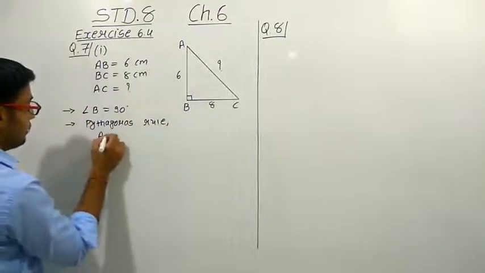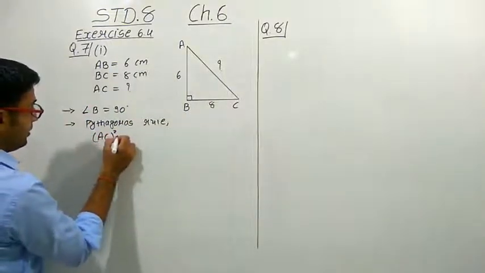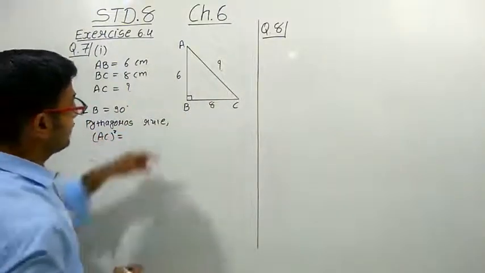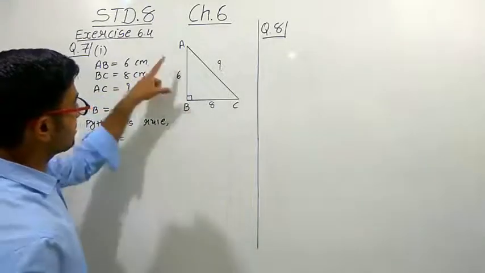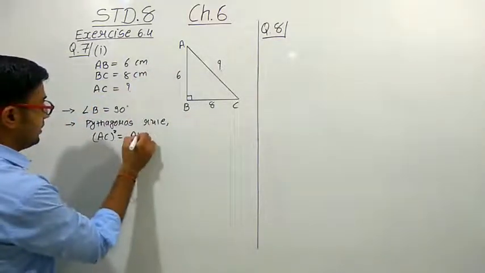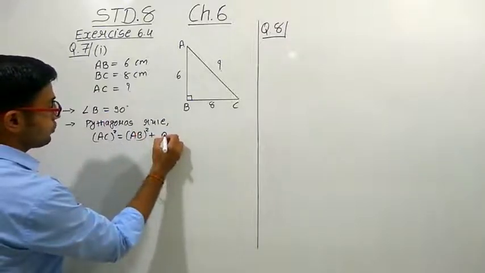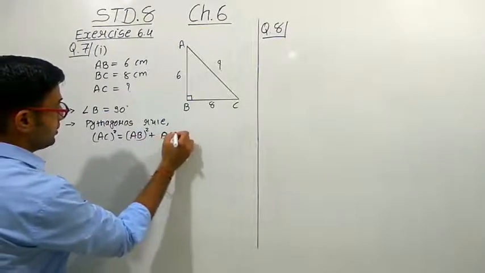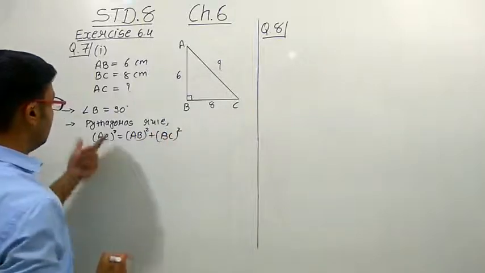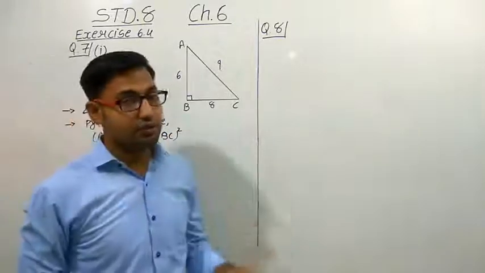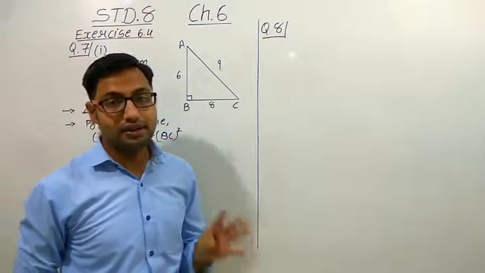So hypotenuse square, AC square, is equal to the square of the first side plus the square of the second side. This is the Pythagoras rule and it is applicable to all right angle triangles.